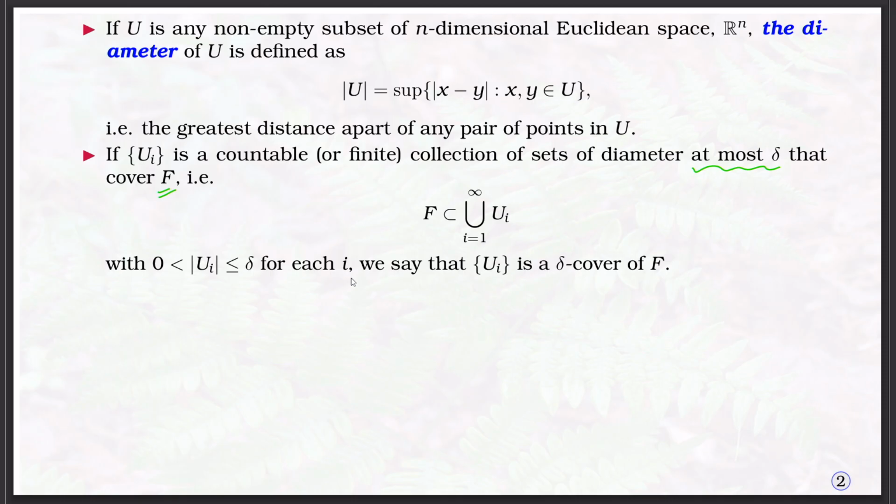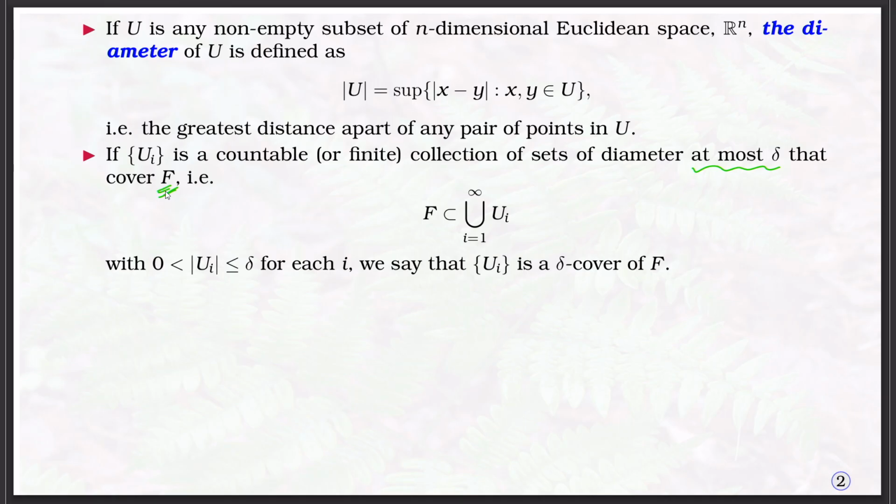As we already mentioned for the Hausdorff dimension, we are taking covers with diameter at most delta. Here we are taking U_i as a countable collection of sets of diameter at most delta that cover the set F, the balls with different radii at most delta which cover the set F.